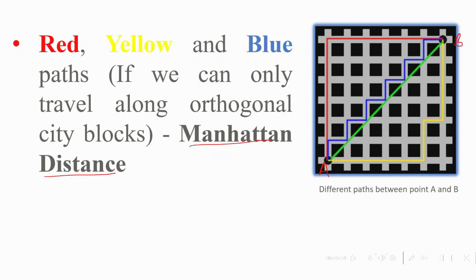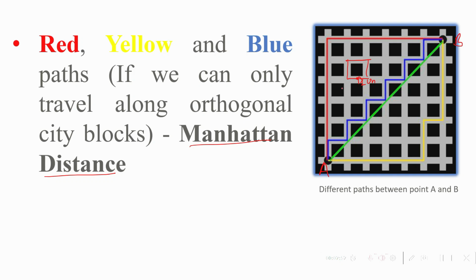The Manhattan distance is where the entire space is divided into different blocks. Suppose this is one block. Each block contains 1 unit distance. So all these are squared distances only. Each block size is 1 unit.